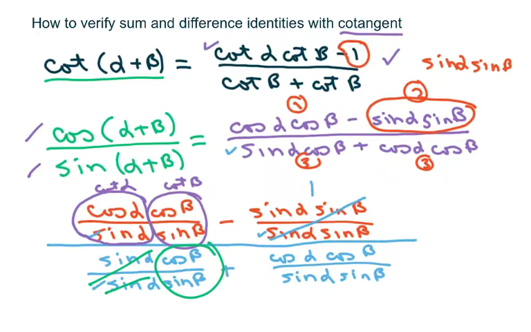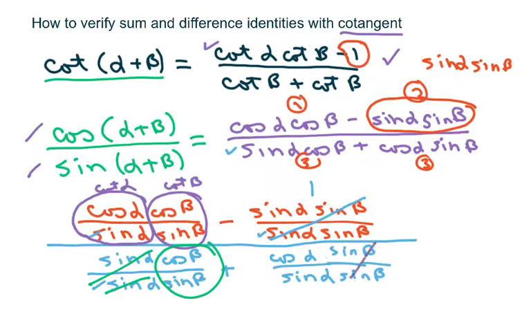Let's see. Sine of alpha. This should be sine of beta. This should be... oh, I wrote this down wrong. So this should have been sine of beta. And so this should have been sine of beta. You know when something's wrong when it doesn't work out.